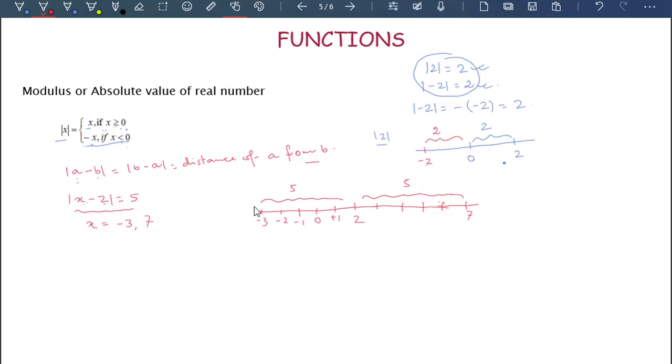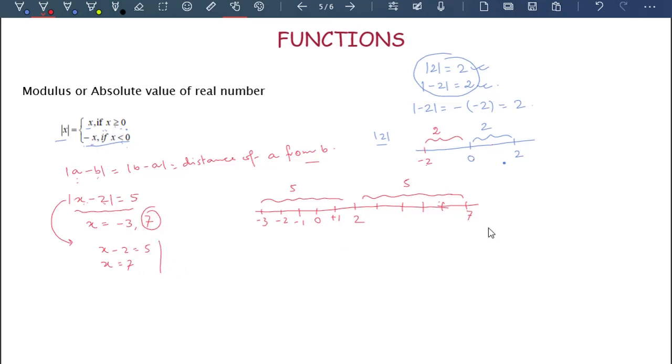This is the geometrical concept, but how will you find it algebraically? One is very clear: x minus 2 is equal to 5, so x is equal to 7. This is one part. You got one solution. What about the other solution?